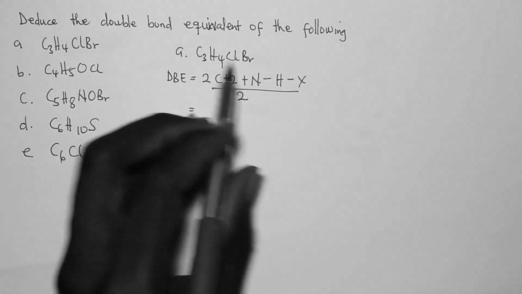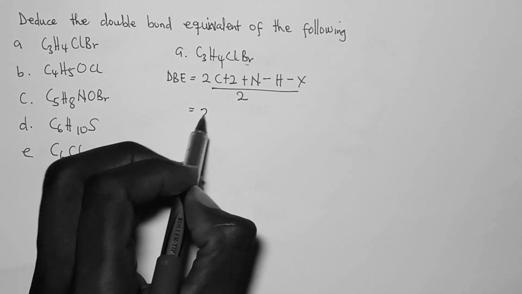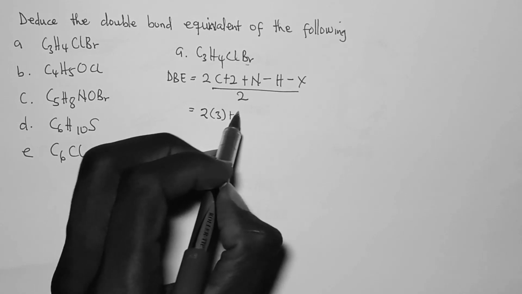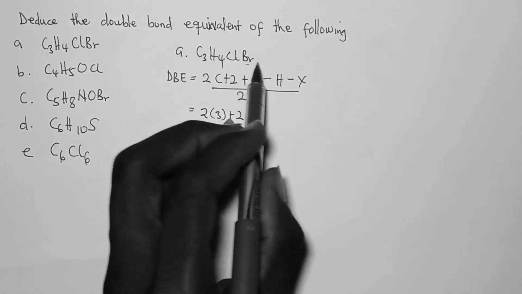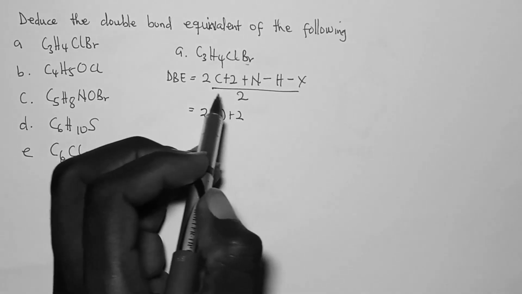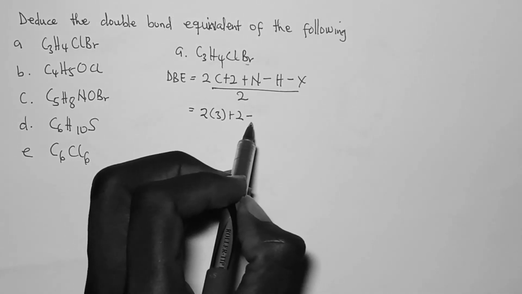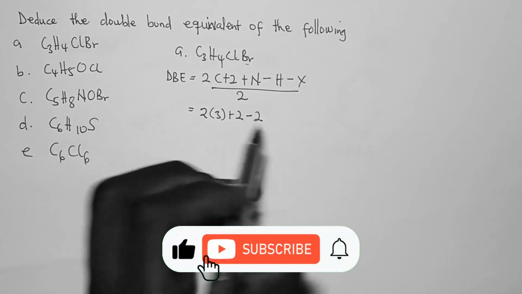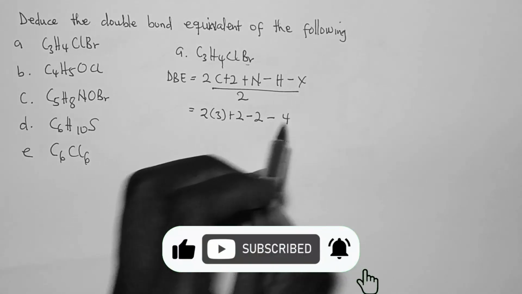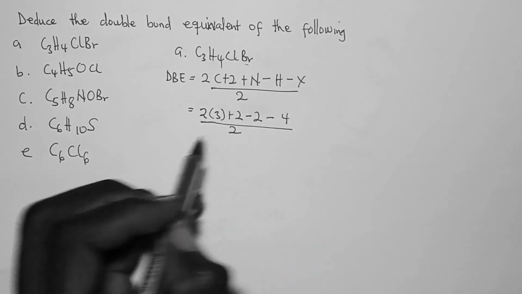So in this case, there are 3 carbons, so 2 times 3 plus 2. There are no nitrogen, so it's 0. But there are 2 halogens, chlorine and then bromine. So it becomes minus 2. Then the number of protons are 4, so minus 4. All of this divided by 2.